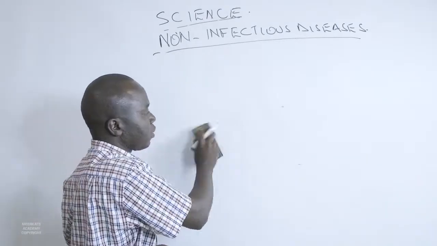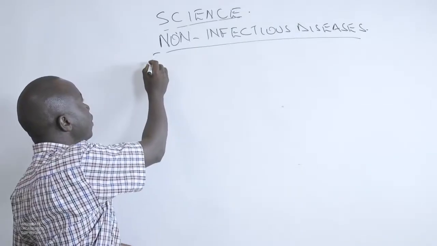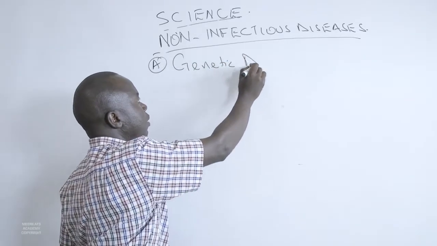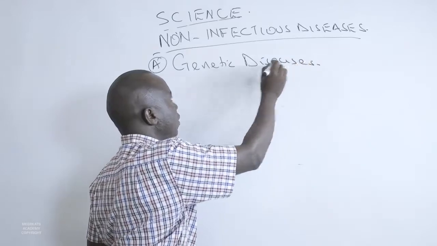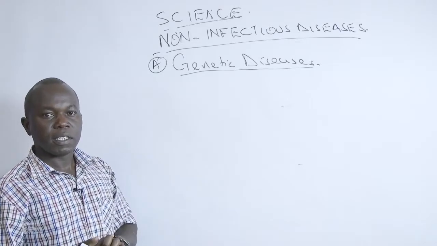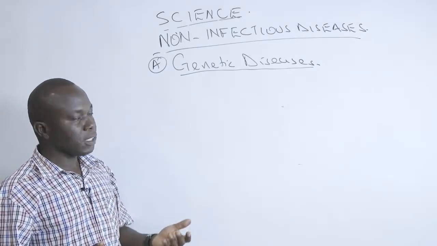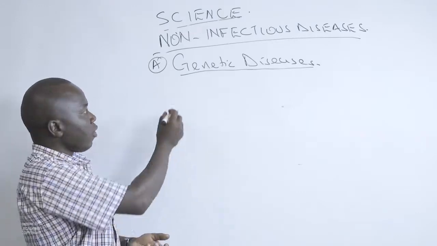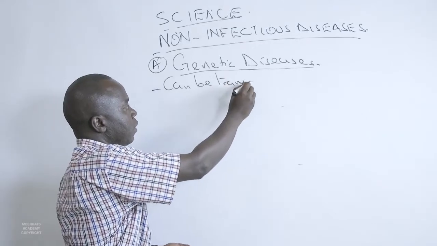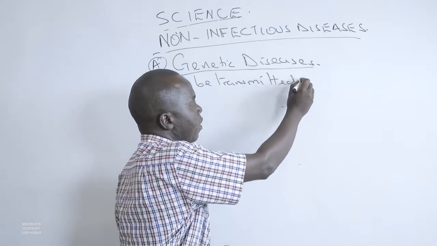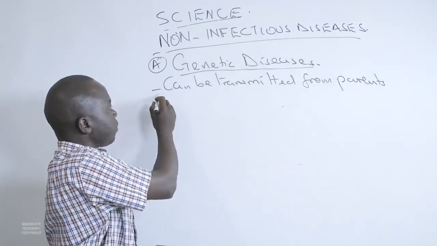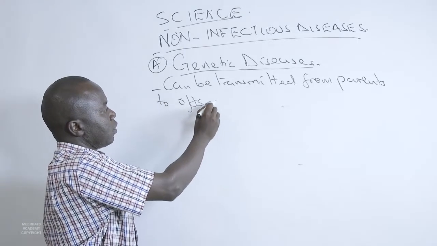Genetic diseases. When we talk of genetic diseases, these are diseases that have the capacity to be transmitted from parents to offspring, to their children.